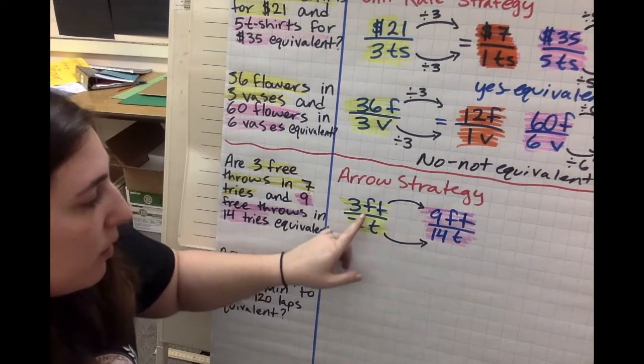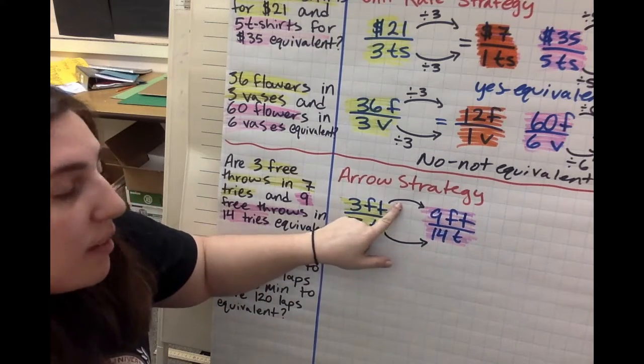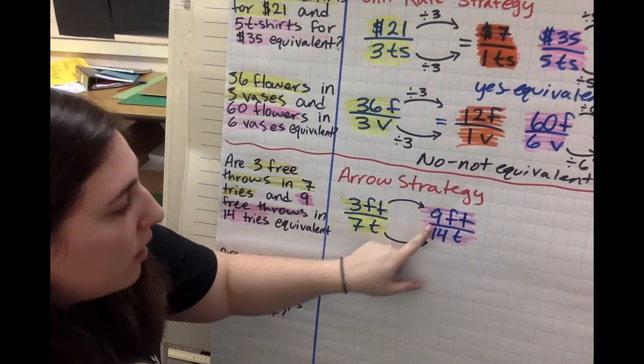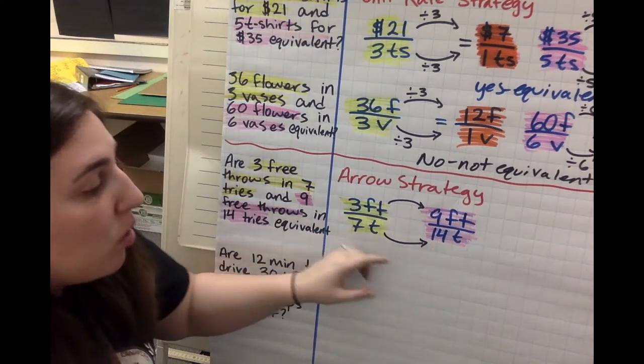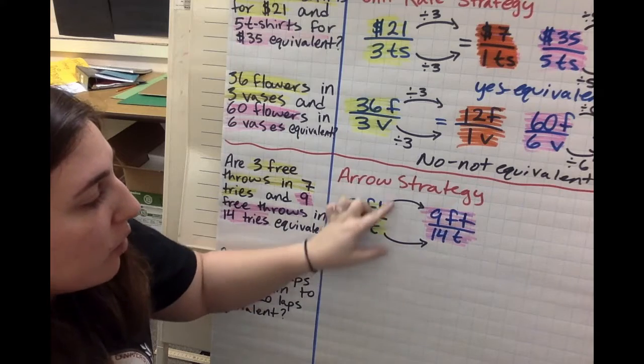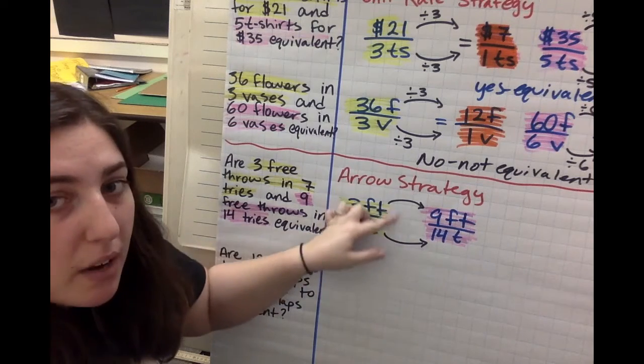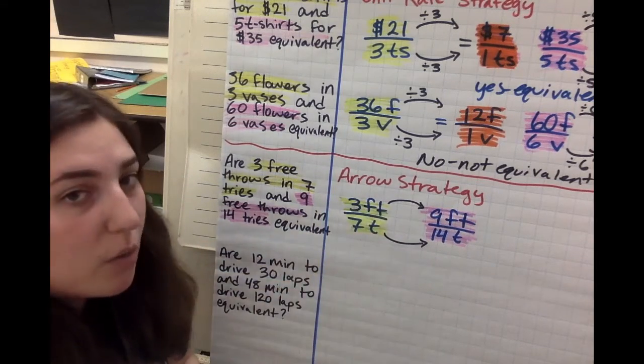Okay, so what I mean is 3 times something would give me 9, and 7 times something would give me 14. So the number that I'm multiplying over here, I would compare that to see if they are equivalent.